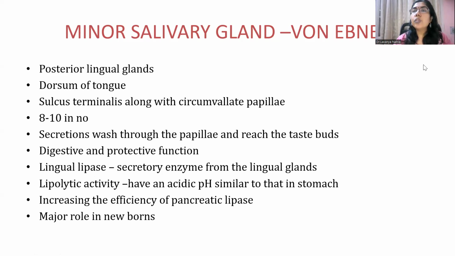They are seen in the posterior lingual area, on the dorsum of the tongue near the sulcus terminalis. You all know the V-shaped sulcus terminalis separating the anterior two-thirds and the posterior one-third, along with the circumvallate papillae. They are 8 to 10 in number, and they have serous secretion. They wash through the papilla and reach the taste buds.